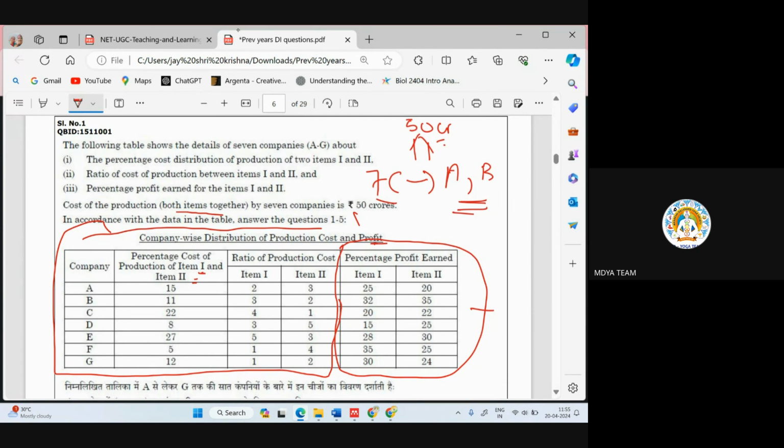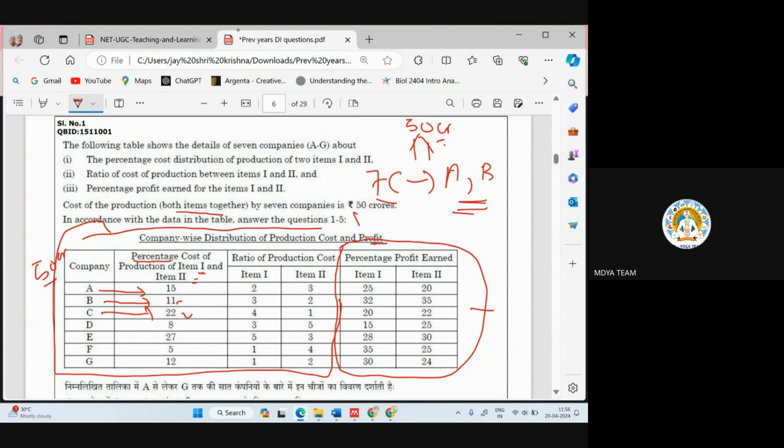Of that 50 crore, company A is using how much percent of this 50 crore? 15%. Company B is using how much percent of 50 crore? 11%. Company C is using 22% of that 50 crore.